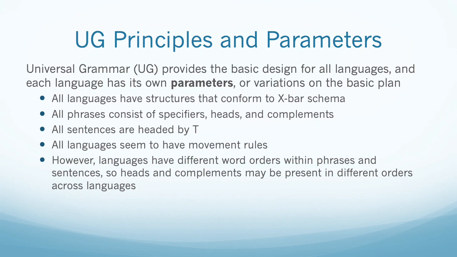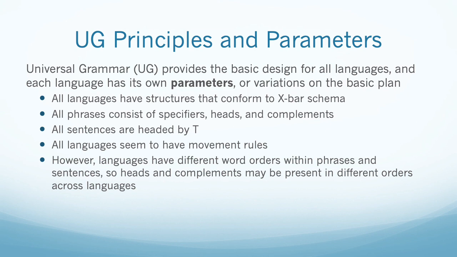Some of these features of all languages are that they all have structures that conform to the X-bar schema. So remember earlier I said that in order to create a template for drawing out sentences, it has to be able to have all languages and all possible parts of all the languages that can be inserted into this schema.